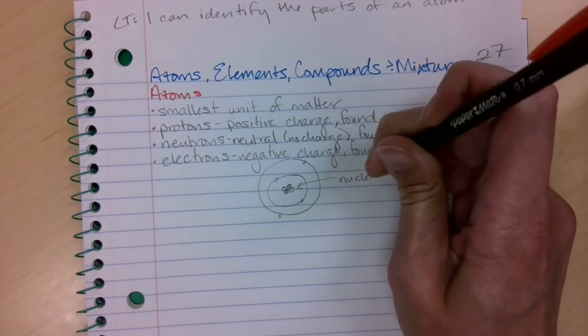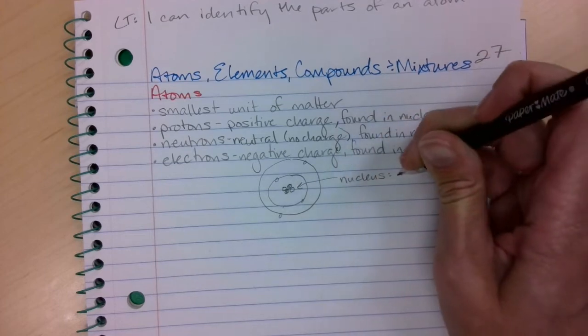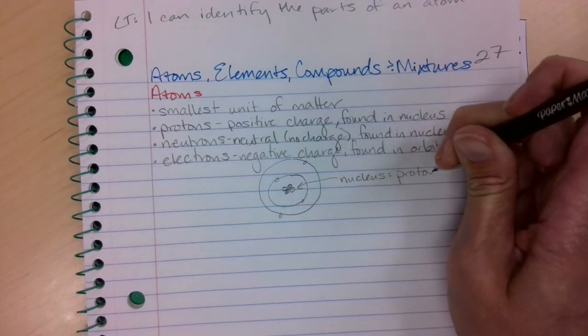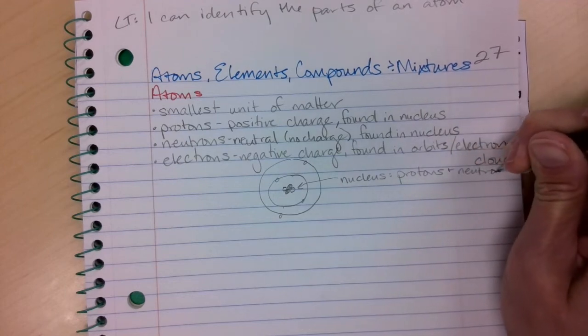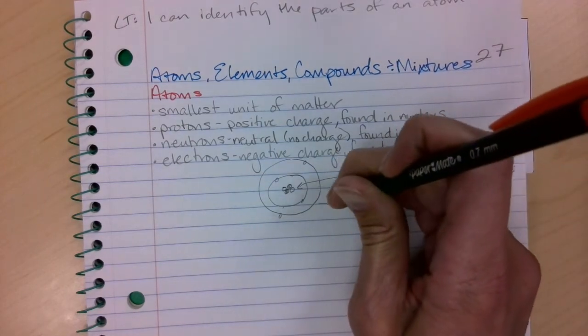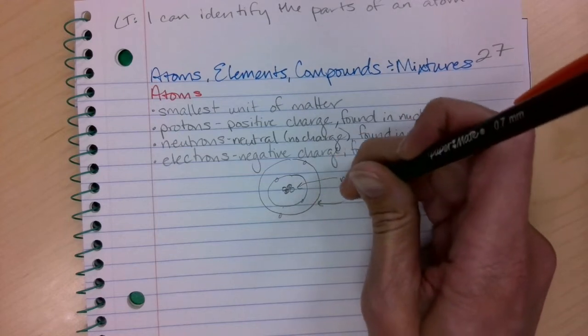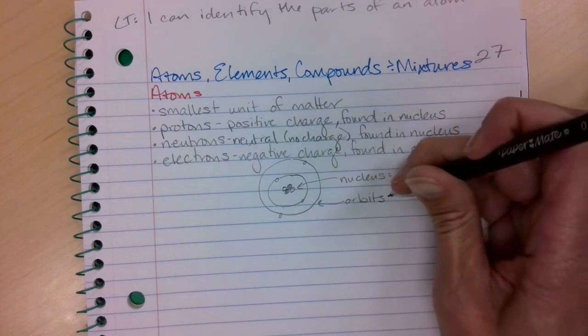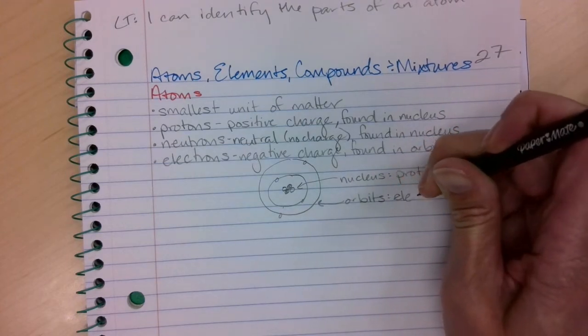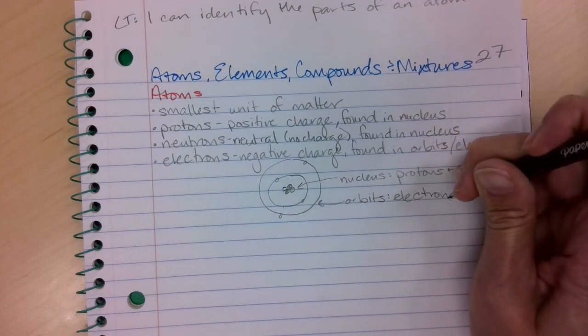So we've got a nucleus with protons and neutrons, and then these are the orbits, and that's where you will find the negatively charged electrons.